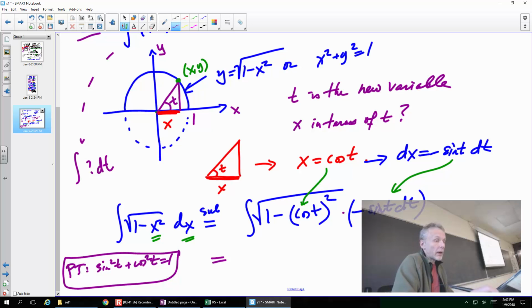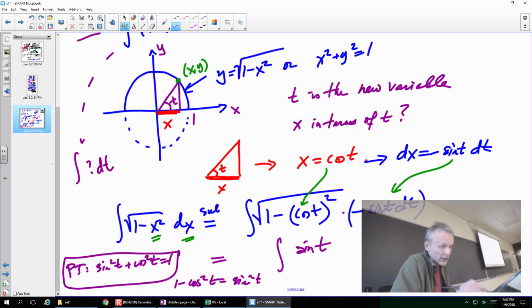So indeed, 1 minus cosine squared t is equal to sine squared t. So we end up with the integral of the square root of sine squared t.